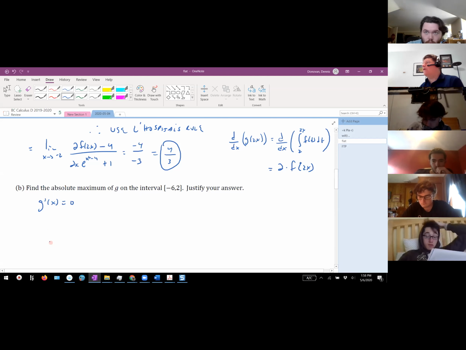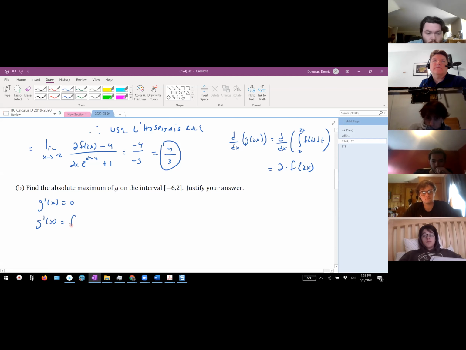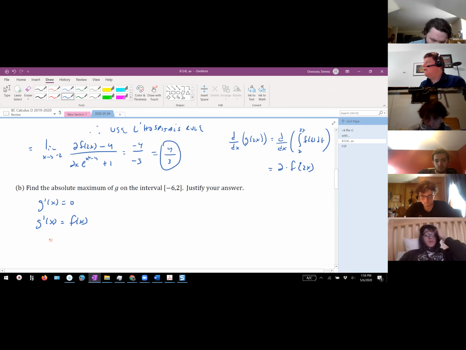So do I know anything about g prime? It's equal to f of x. That is true. That statement that I just wrote down there, if that does not appear in your answer, then you lose a whole bunch of points because you need to make that connection using the fundamental theorem that g prime of x is equal to f of x.